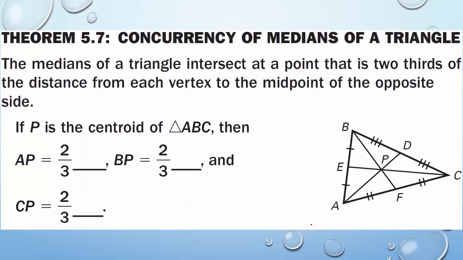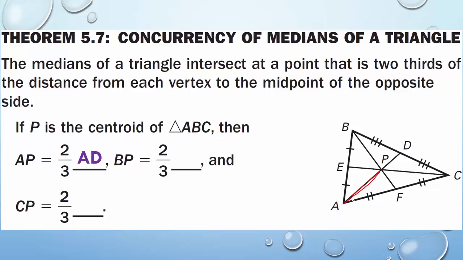Theorem 5.7, concurrency of the medians of a triangle. The medians of a triangle intersect at a point that is 2/3 of the distance from each vertex to the midpoint of the opposite side. So if P is the centroid of triangle ABC, so P is the center of this triangle ABC, then AP, this line here, is 2/3 of the entire distance of the line, which is AD.